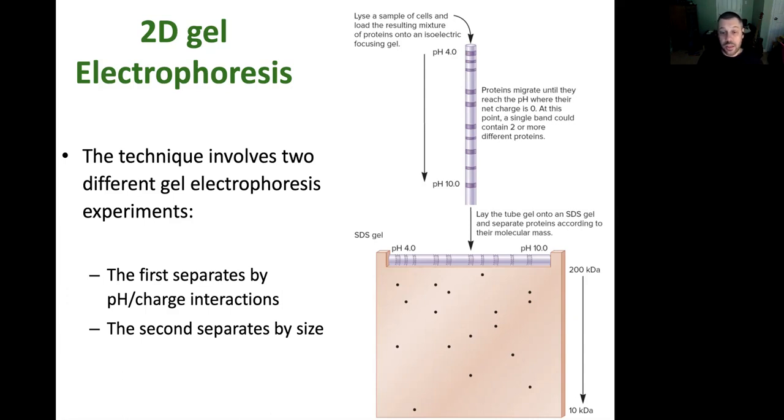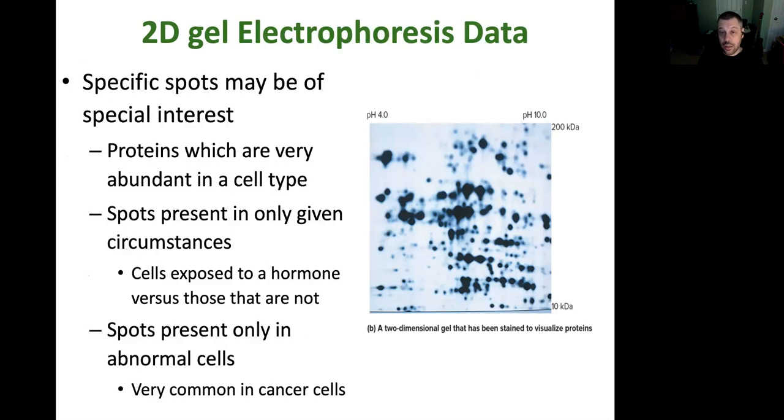So using this technique, you can sort of tease out proteins so that each different black spot on this gel should represent a single protein. And when you actually look at a gel that's been performed like this, it looks like this kind of ugly thing that you see on the right, where there's lots of different black spots.